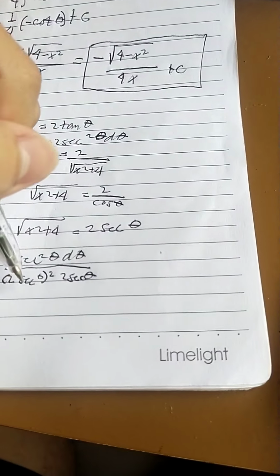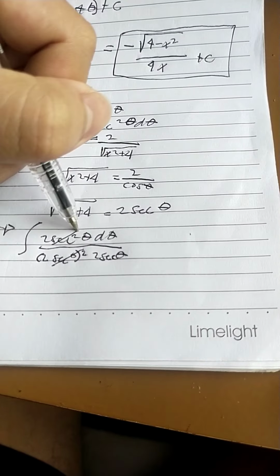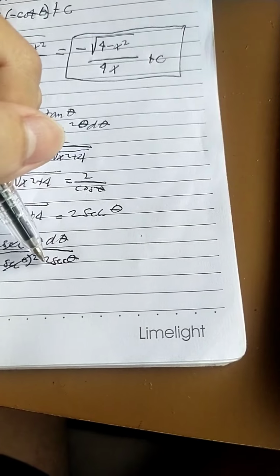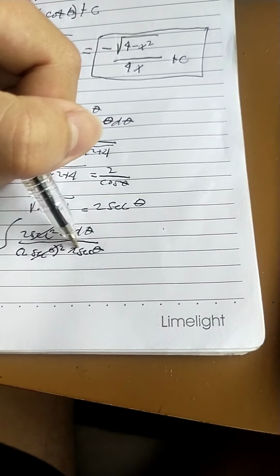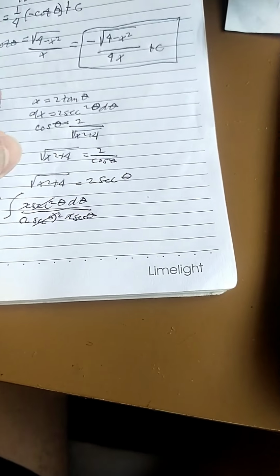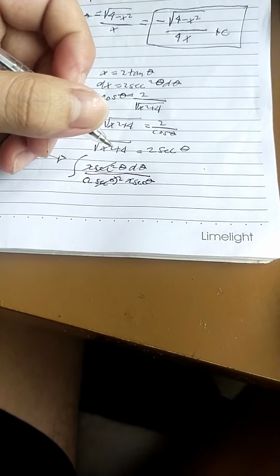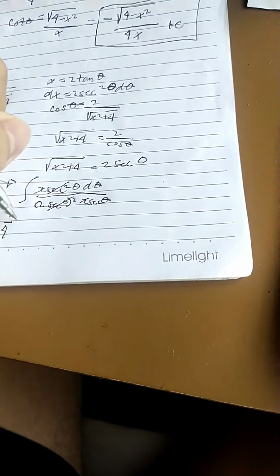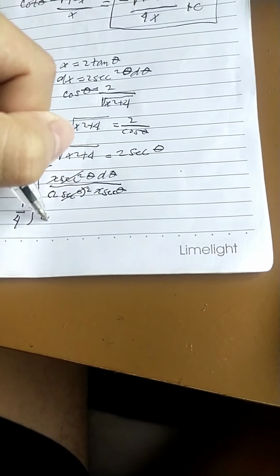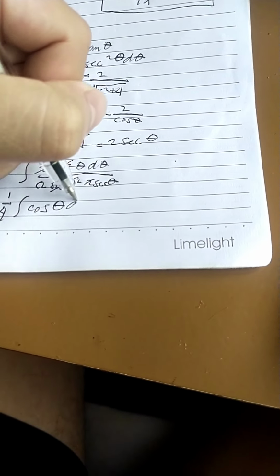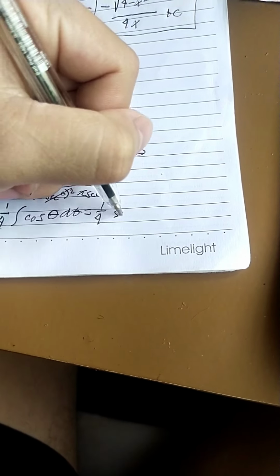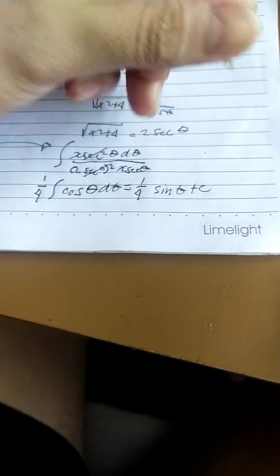So we cancel the secant theta squared and secant theta, and the 2. That is equal to 1/4 the integral of cosine theta d theta, which is equal to 1/4 sine theta plus c.